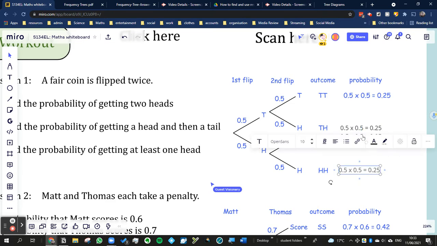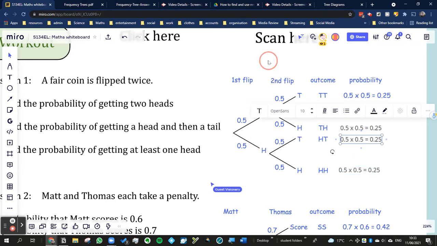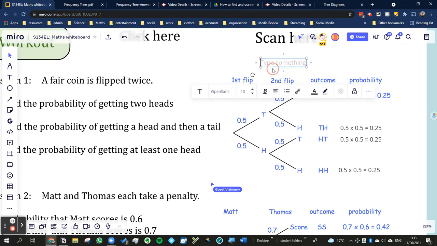So this is what I call the and the or rule. If it's the probability of one thing happening and another thing, then we use the multiplication symbol. We multiply.